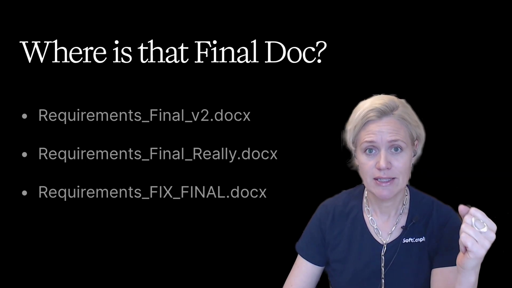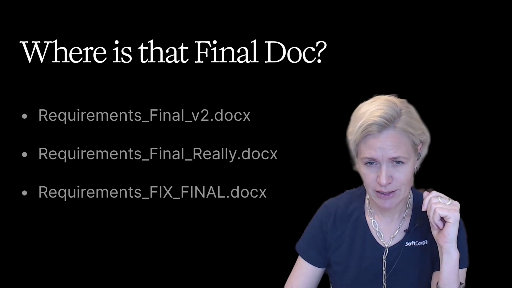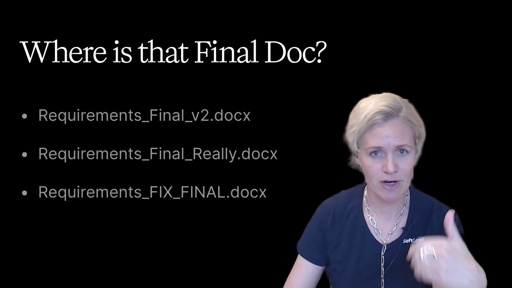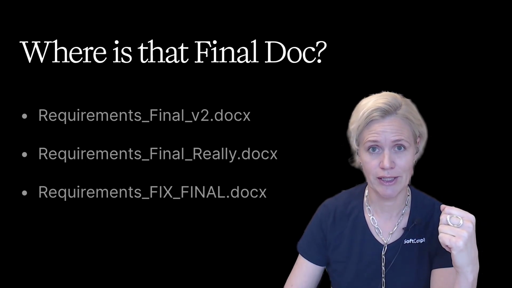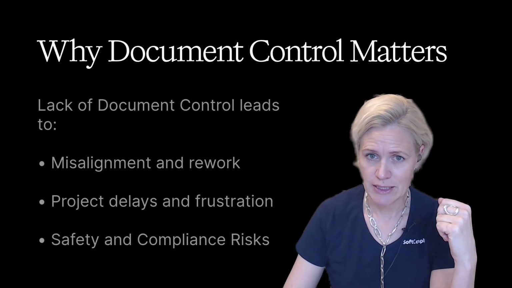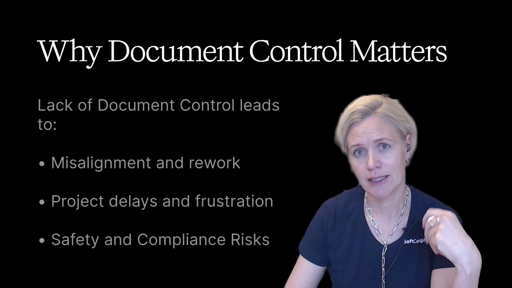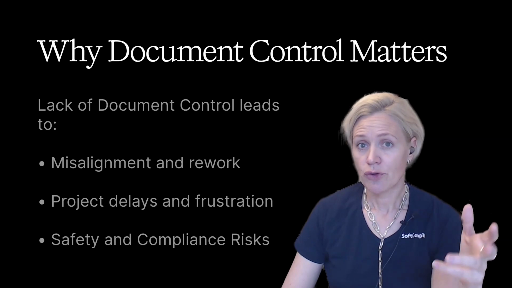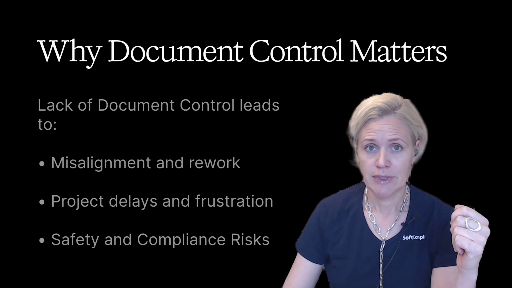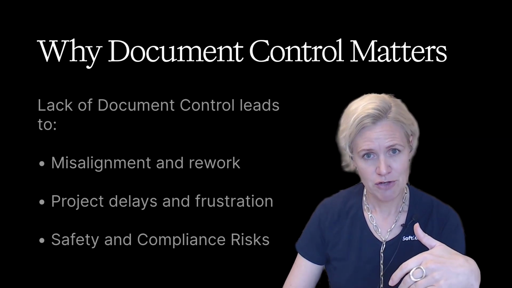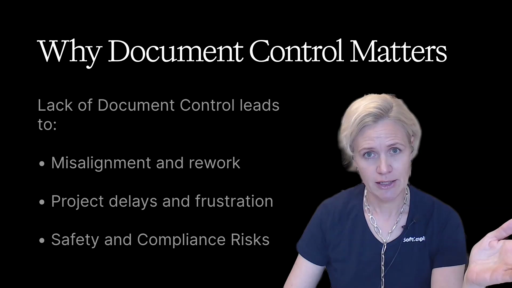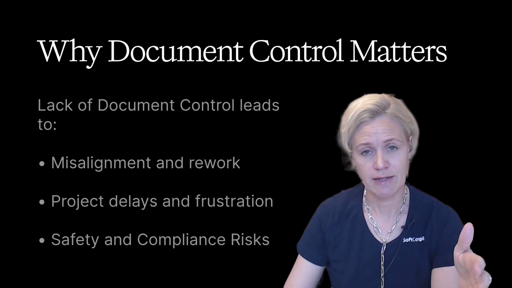For most teams, that is just frustrating, but in regulated industries, in medical devices, pharma, automotive, it's more than just annoying. Wrong versions of documents can create actual risks, defective products, failed audits, even patient harm. Take a software company building a medical device app. The design team updates a specification file to include a critical safety alert, but manufacturing receives an older version.